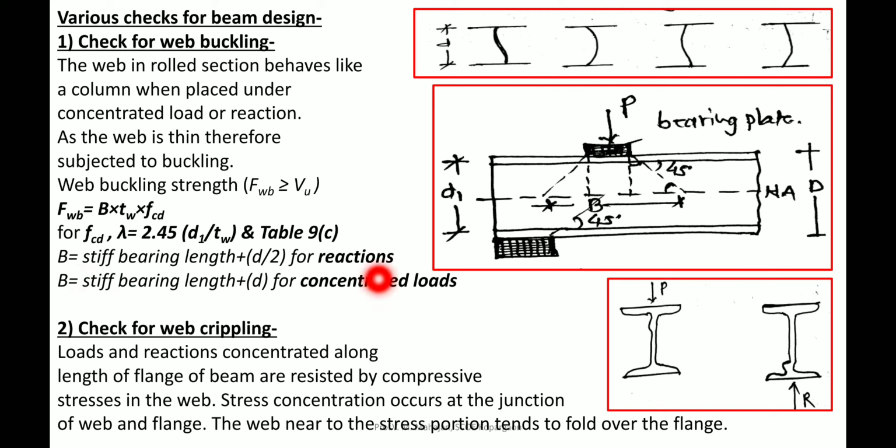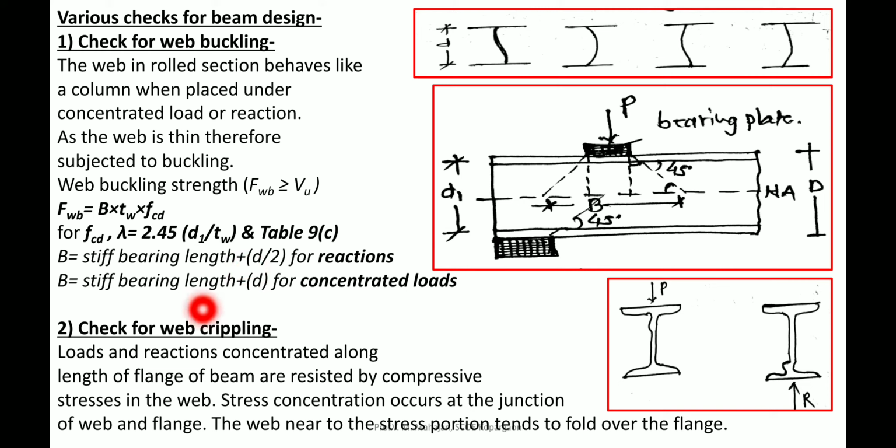Here reactions are denoted by R. Next, B is again the stiff bearing length plus d for concentrated load. Here the point load or eccentric load is given; in numericals, for this laterally supported beam, we are going to assume the stiff bearing length as 100.